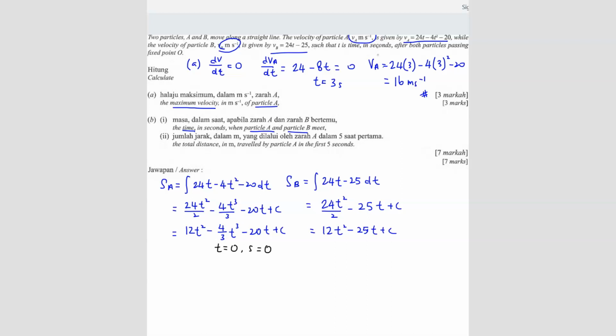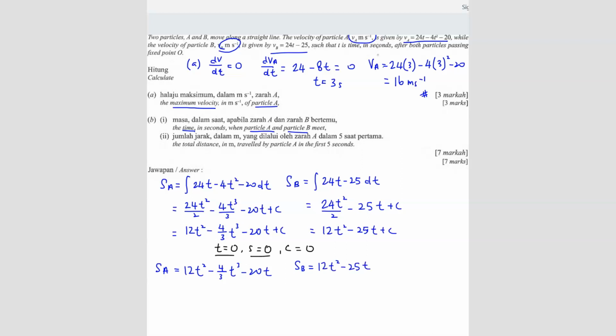So when s equals 0, if you substitute t equals 0, s equals 0 into these two equations, you will get your c value equal to 0 as well. So there is no more c value. So your new equations: SA equals 12t square minus 4 over 3 t cubed minus 20t, and SB equals 12t square minus 25t.